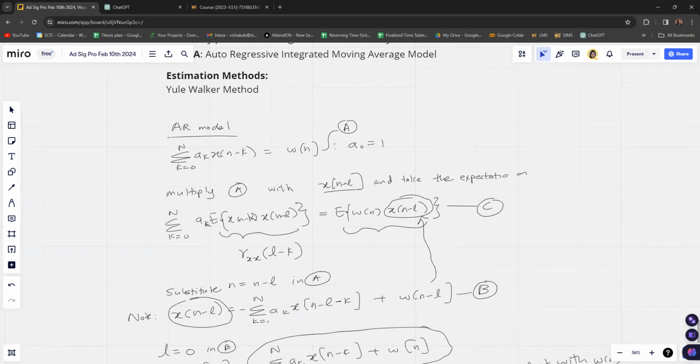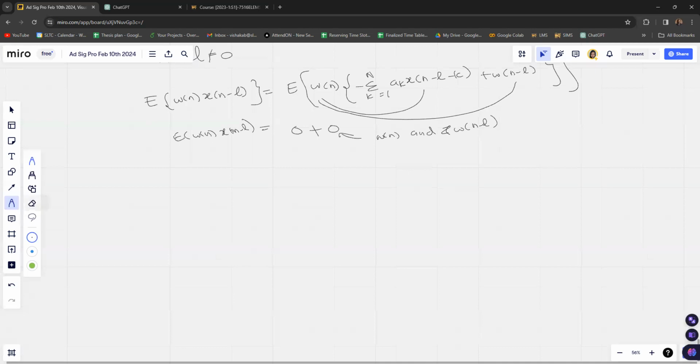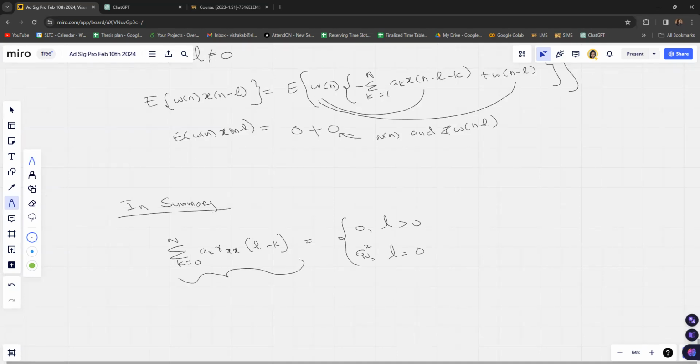By considering that, we can write the conditions for this autocorrelation variable. So there's a value for variance only. The value for this expression will have a value only if L equals 0. If it is not 0, then it will have a value of 0.